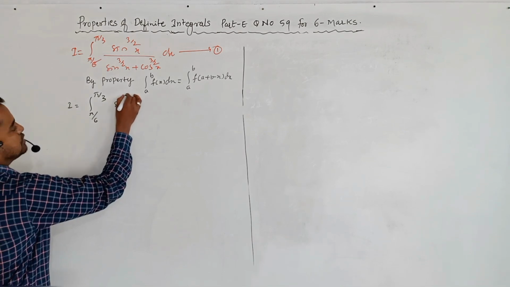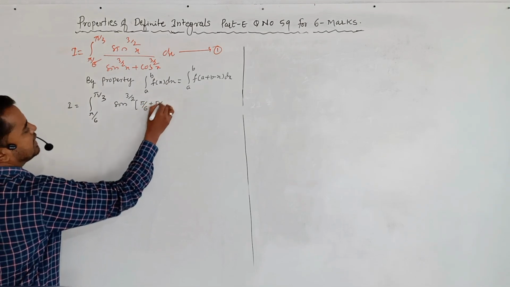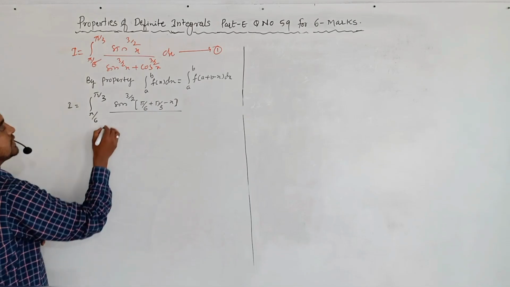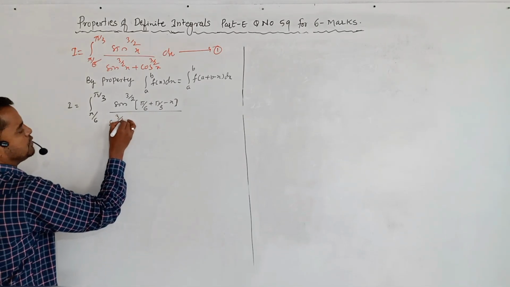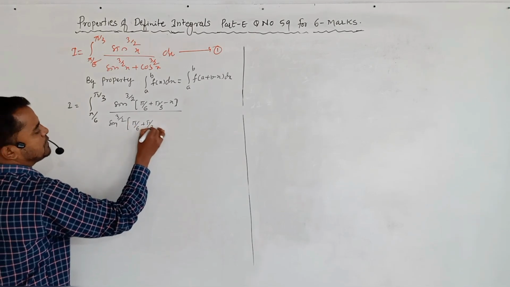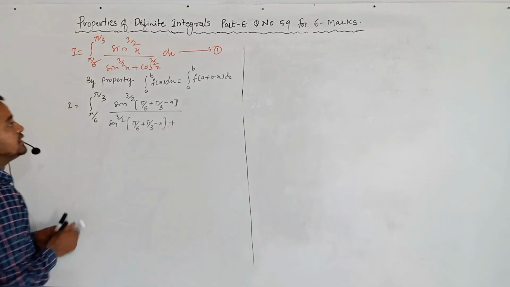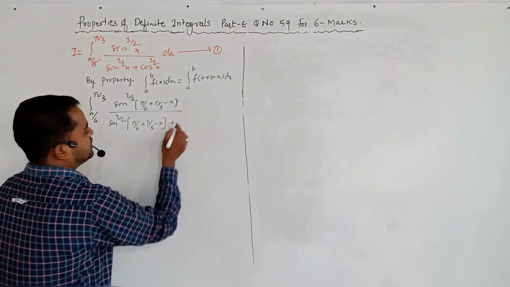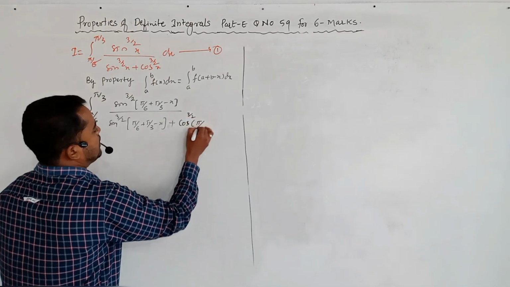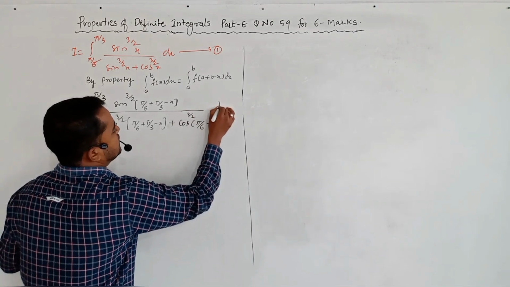That is sin^(3/2) of (5π/6 plus 5π/3 minus x) divided by sin^(3/2) of (5π/6 plus 5π/3 minus x) plus cos^(3/2) of (5π/6 plus 5π/3 minus x), dx.